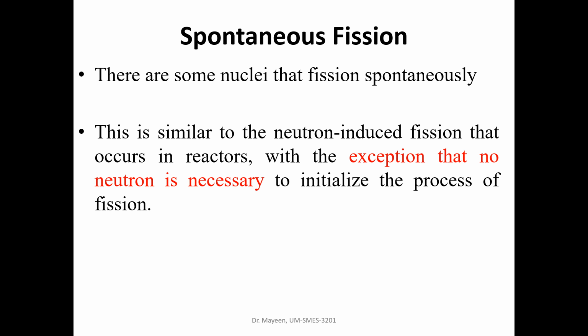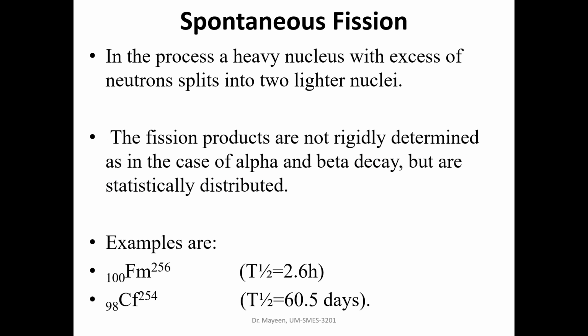This is similar to the neutron-induced fission that occurs in reactors, with the exception that no neutron is necessary to initiate the fission process. The fission that we perform in nuclear reactors differs from spontaneous fission: it needs neutrons to be bombarded on the target nucleus. But in spontaneous fission, we don't need any neutron to bombard the target nucleus.